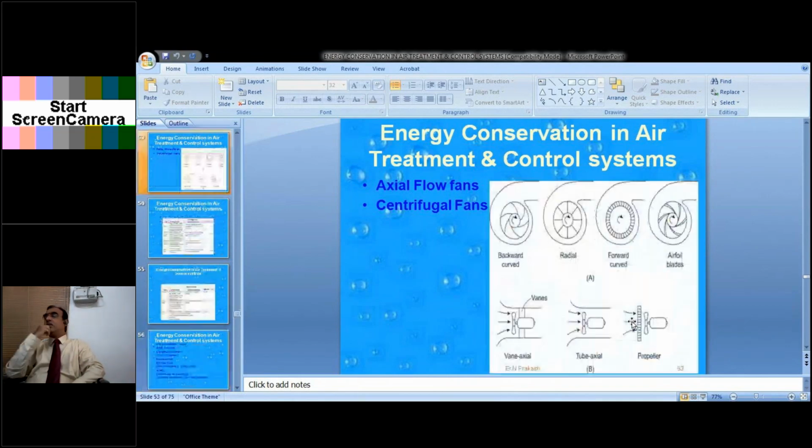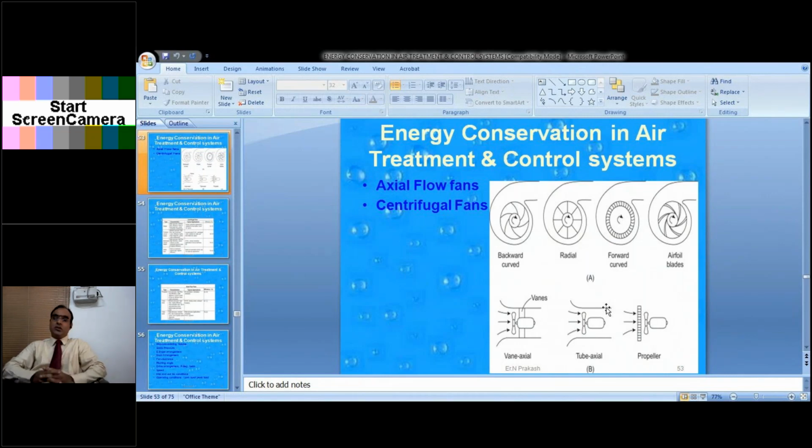In axial, there are three types of fans: propeller fans, tube axial fans, and vane axial fans. In a propeller fan, there is just an impeller fixed on the motor shaft. In tube axial, there will be a casing for the impeller to run.